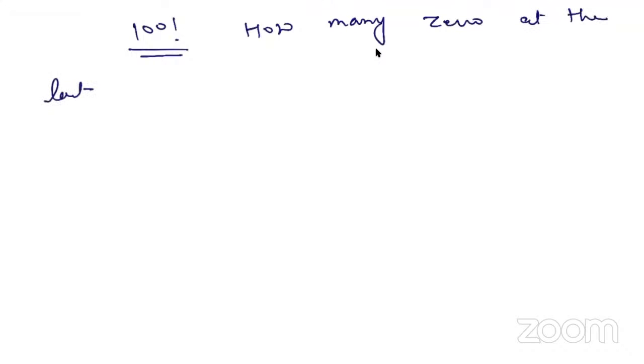Or if I'm saying, with the factorials only, if I'm giving you factorial 100, how many zeros will you get at the last of factorial 100? Please, fast.